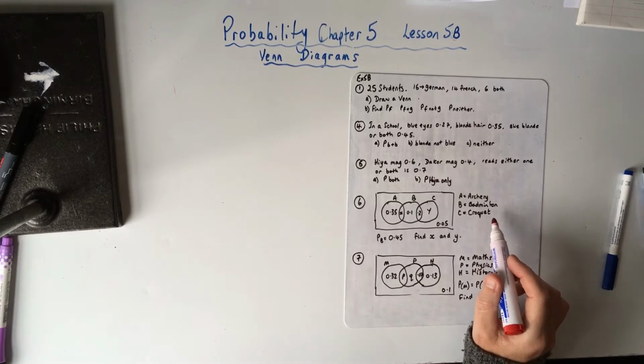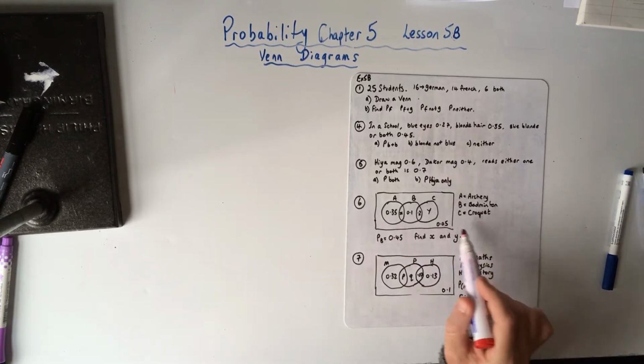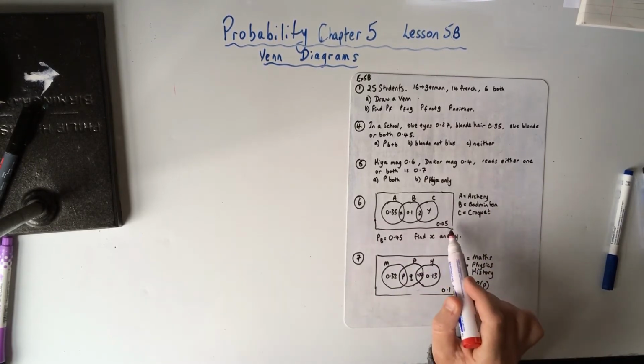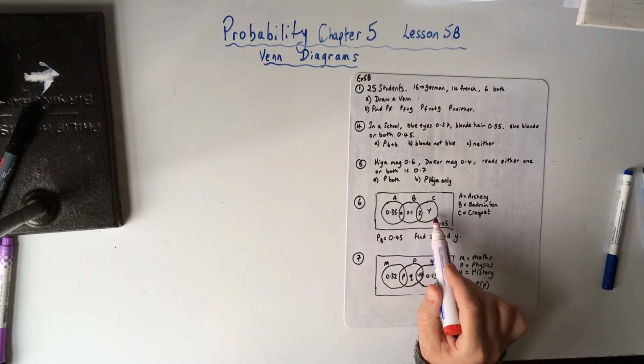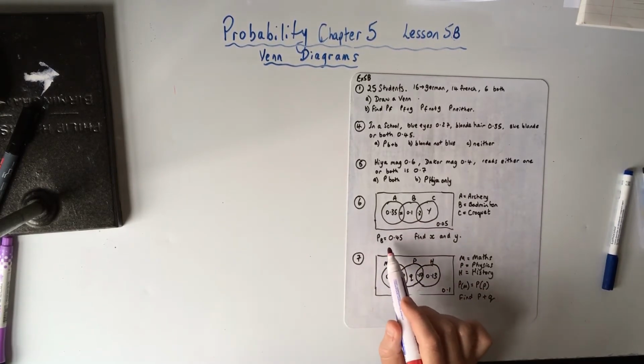Anyway, so A, B or C, and you're given the probabilities, and you're given an x there and a y there and so on, and 0.2, that just goes in.